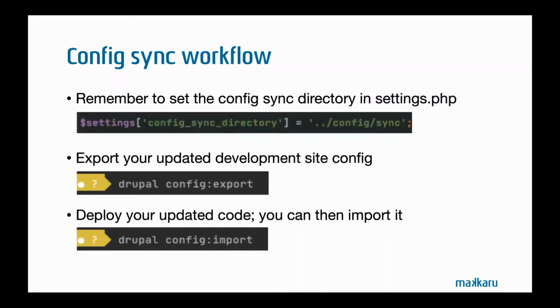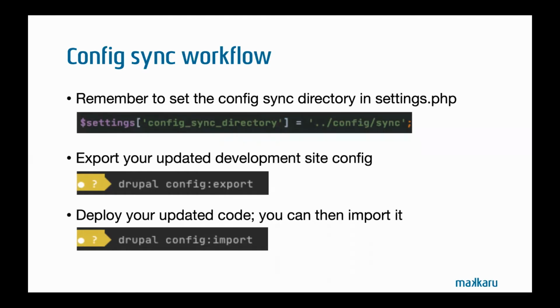And if you don't set that, just so you know, you'll get your config exports placed in sites default files, and then a config underscore and a hash folder, which isn't really where you want to be storing your config. So config sync just above your web root, or sorry, next to your web root, is common and probably where you want to put it.